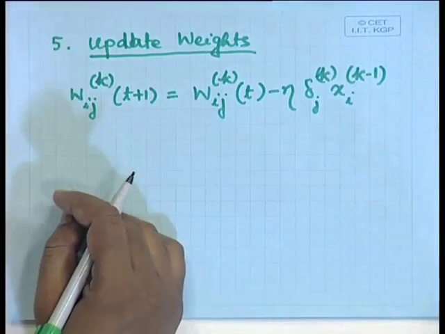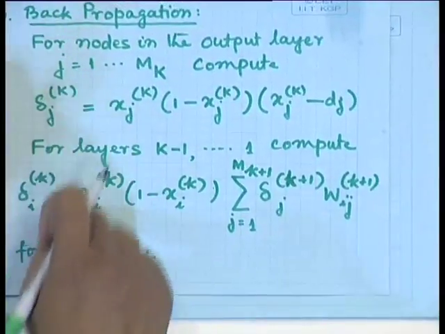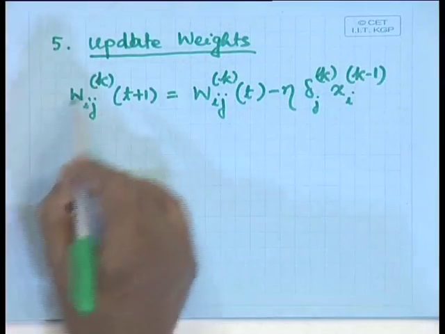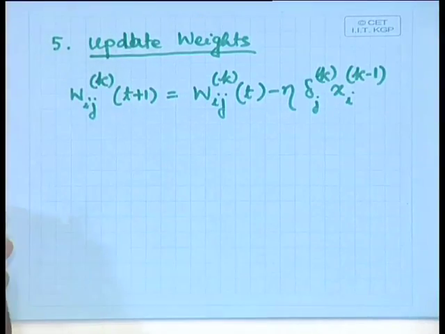Why I have put this delta term is that, having different computations of this delta value, I can have a single expression for the weight updation rule. And all these steps are to be repeated.